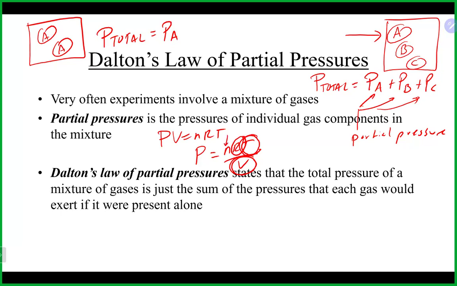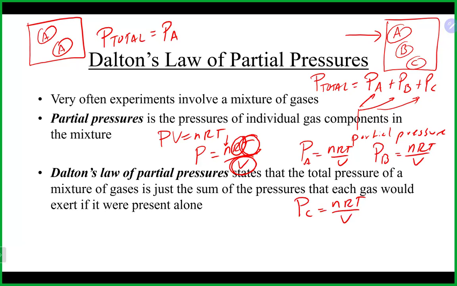So basically what you would do, for example, here, if you wanted to figure out the partial pressures of A, B, and C is, like I said, just use the ideal gas law for each of those gases separately. And again, under ideal conditions, none of those gases will have any effect on the other gases in there. You can almost think of them as being in the container by themselves.